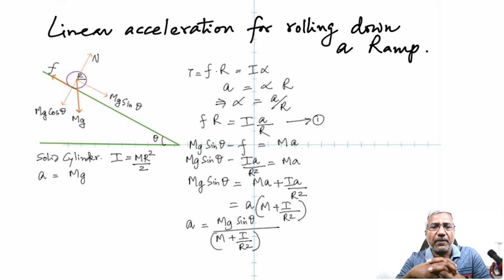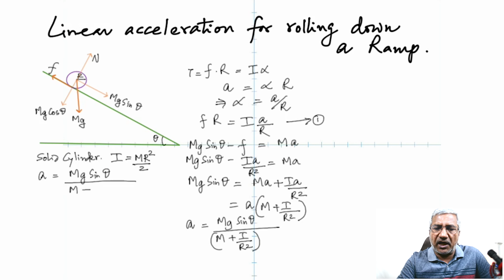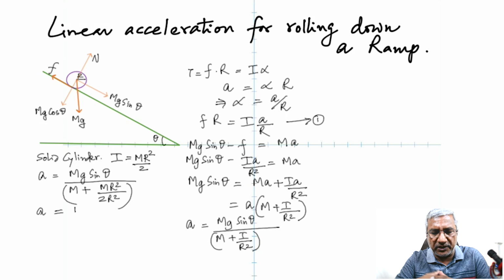So it behaves like a disk, and rotational inertia of a disk is m r squared by 2. So in place of I, I'm going to substitute m r squared by 2 because we're considering a solid cylinder, which is a disk. And then when we do that, we will see that the mass is now available both in the numerator and the denominator. Therefore, it's going to cancel out.